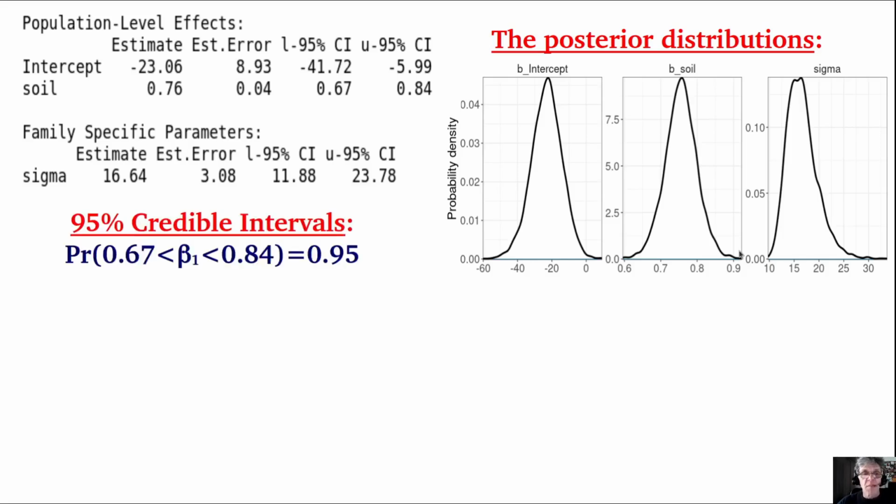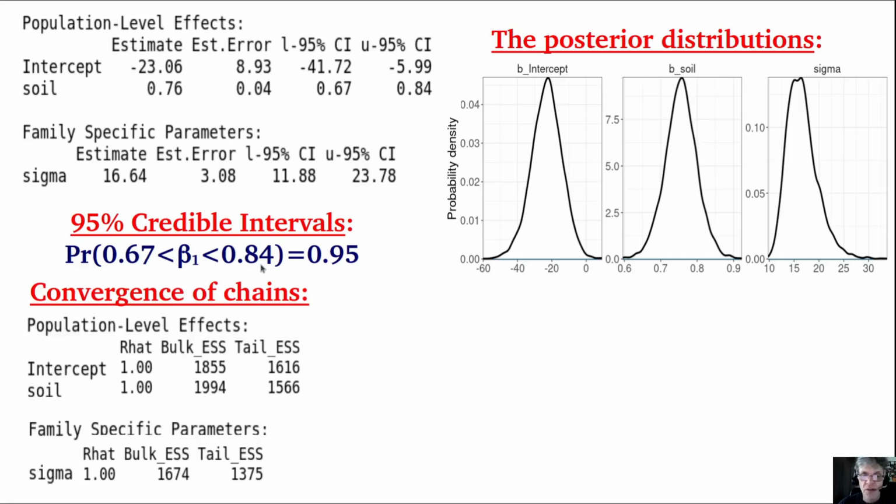The 95% credible interval means that the probability that the slope is higher than 0.68 and smaller than 0.84 is 95%. This is the probability that the slope is bigger than a given value and smaller than another value. And then the convergence of the chains.